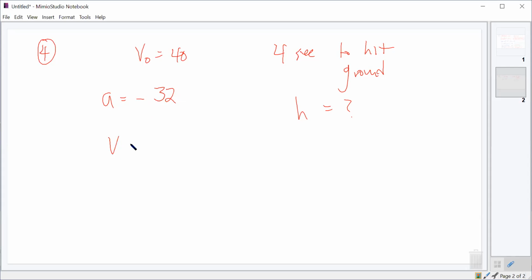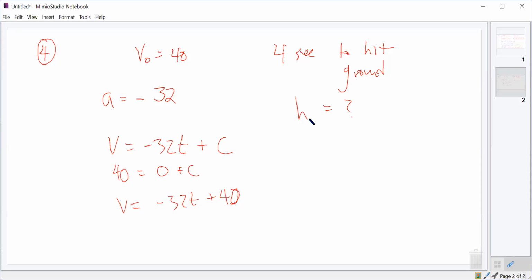So v ought to be negative 32t plus some constant. And we can find that constant because when t is 0, the velocity is 40. So velocity of 40 equals 0, when t is 0, plus our constant. So the velocity function is negative 32t plus 40.